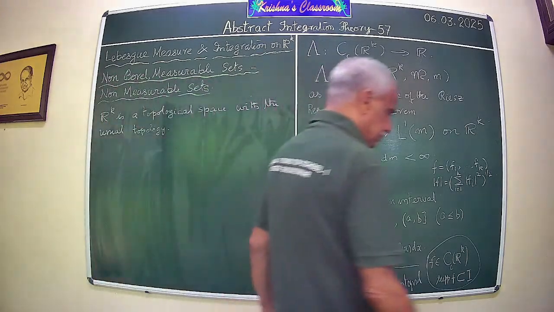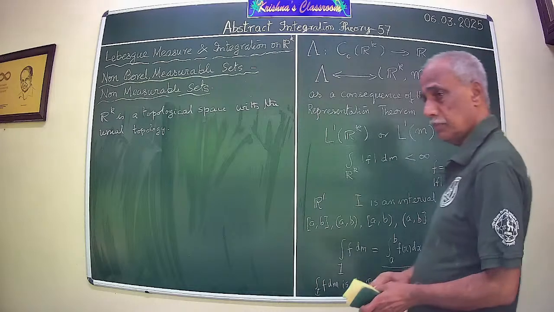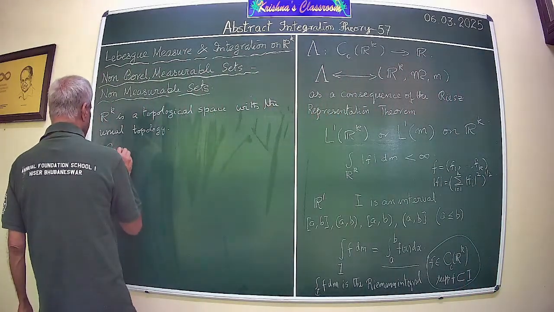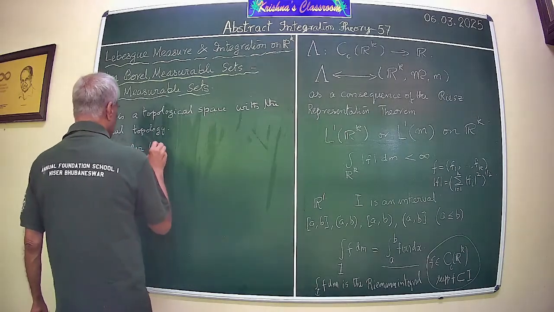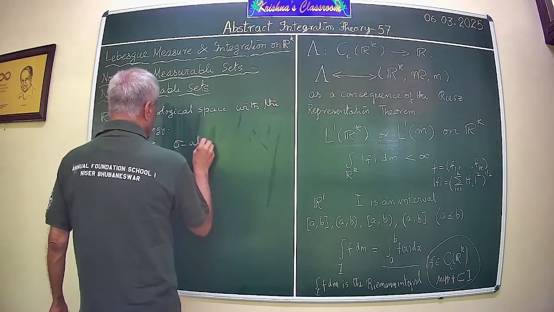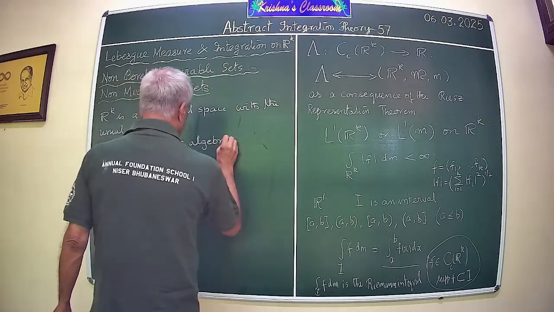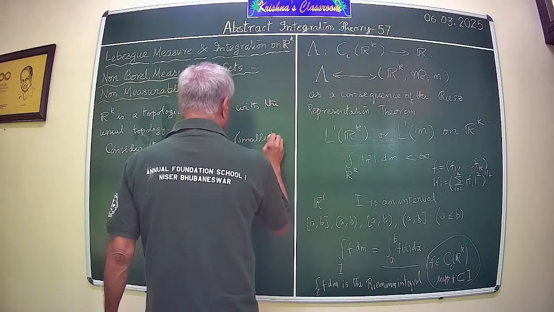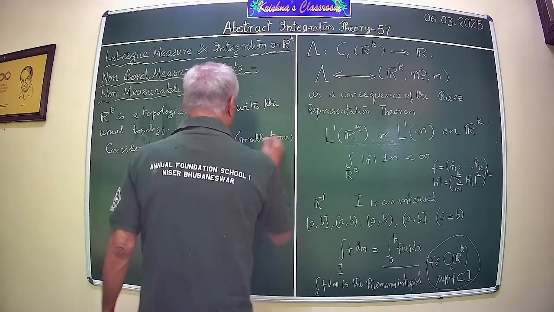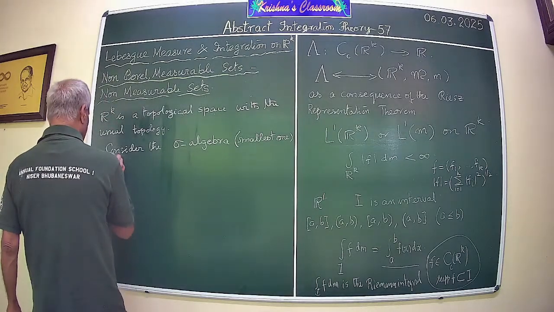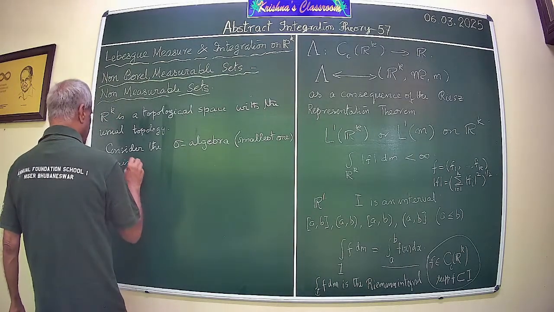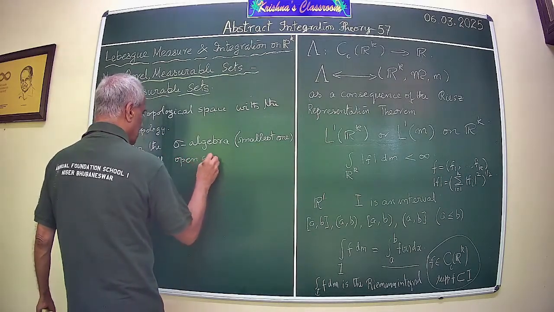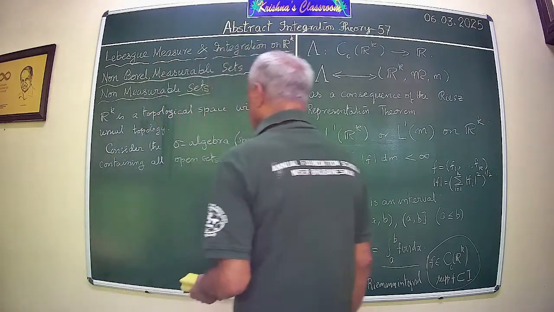With the usual topology. Now, consider the sigma algebra, the smallest one containing all open sets.